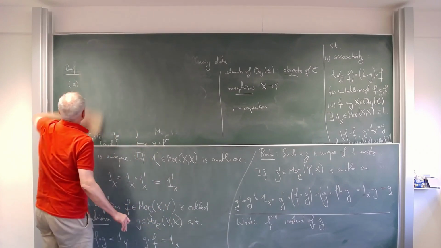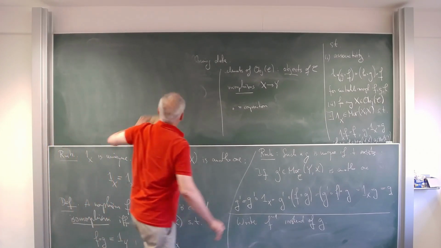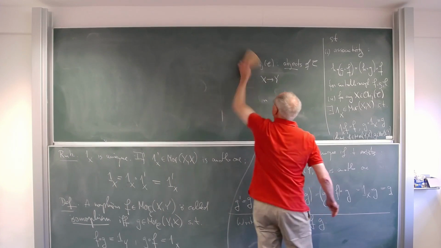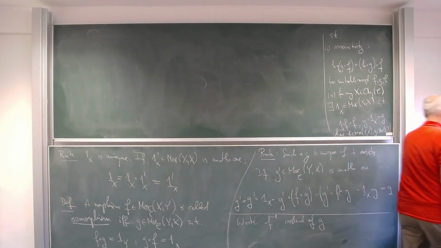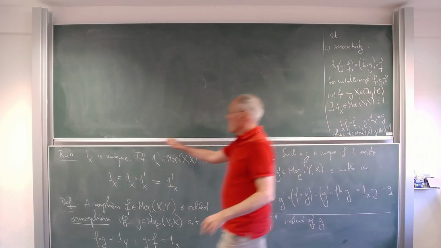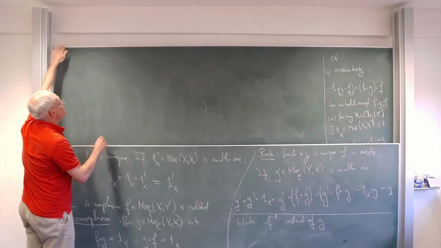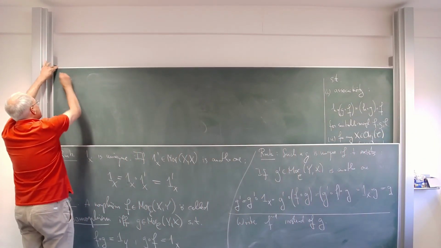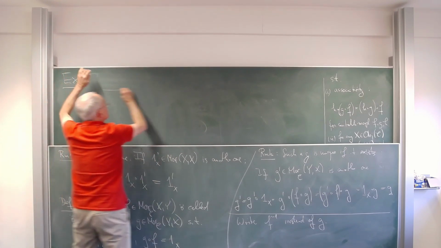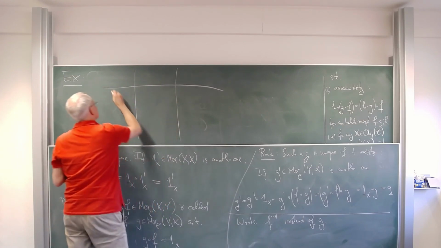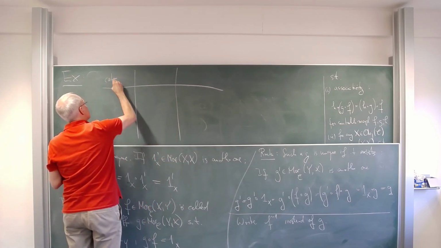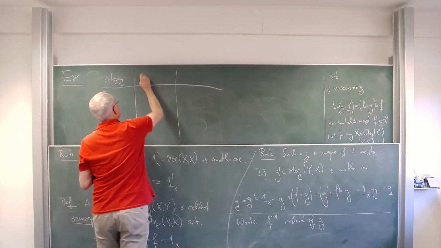So examples now. We make a table. So here's my category. Here are my objects.